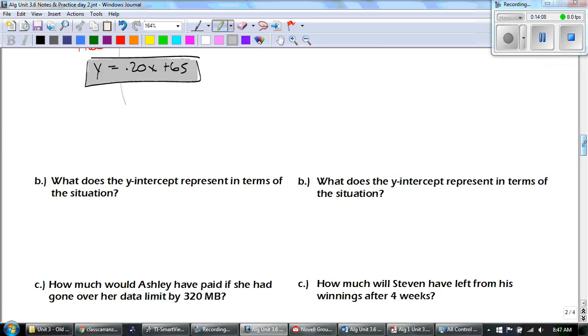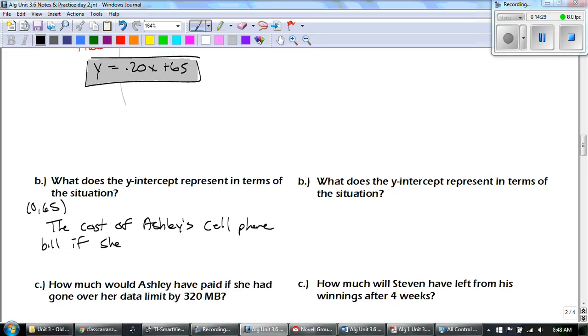Okay, so what does the y-intercept represent? Well, the y-intercept is (0, 65). So what that is, is the cost of Ashley's cell phone bill if she doesn't go over her data.